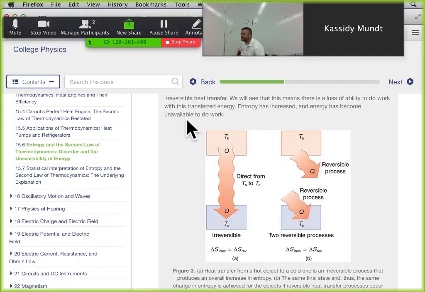Now, when we talked about friction before, what did we say about friction when it creates heat? What happens to that heat? It dissipates. And is it recoverable? Hardly at all. And it turns out that everything that you do in the universe causes this kind of loss of energy. Everything.